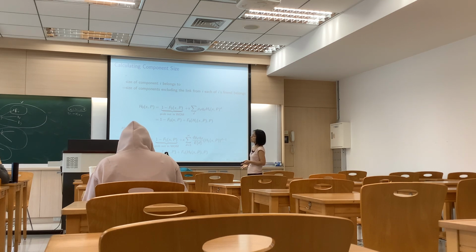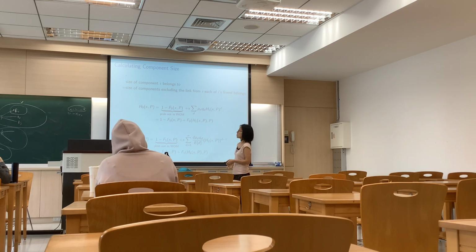So H1 of 1 is the probability that J belongs to a small component. So the remaining component that J belongs to is small.